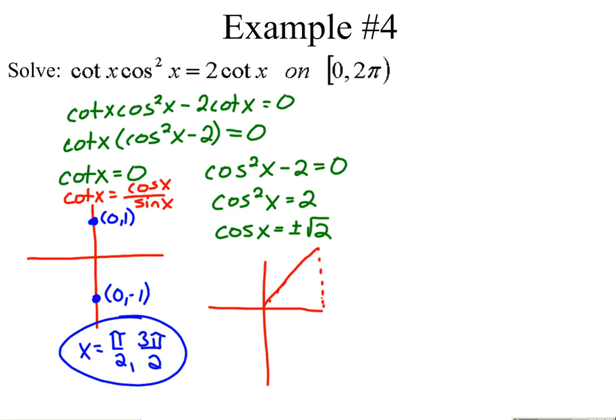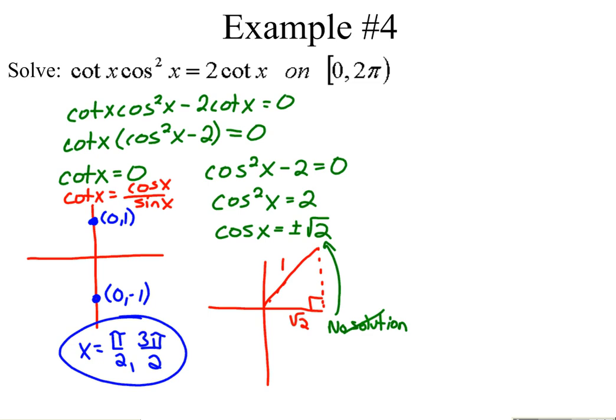From our second factor, cosine x equals plus or minus root 2. We know that we would have reference triangles drawn in all four quadrants. However, when I look at this, cosine we know is adjacent over hypotenuse. That can't happen. The reason that can't happen, we cannot have a leg greater than the hypotenuse.